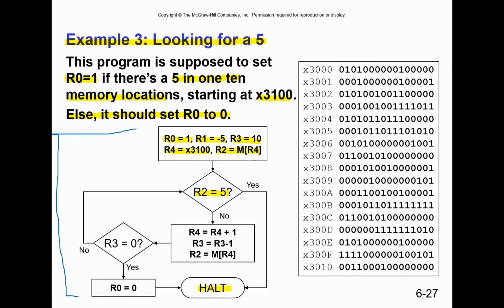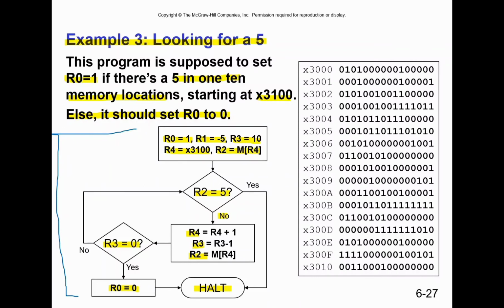And if R2 is not equal to 5, we refer to R4, R3, and R2, and this is the same as R3 equals 0. If R3 is equal to 0, the result will be R0 equals 0, which means halt.